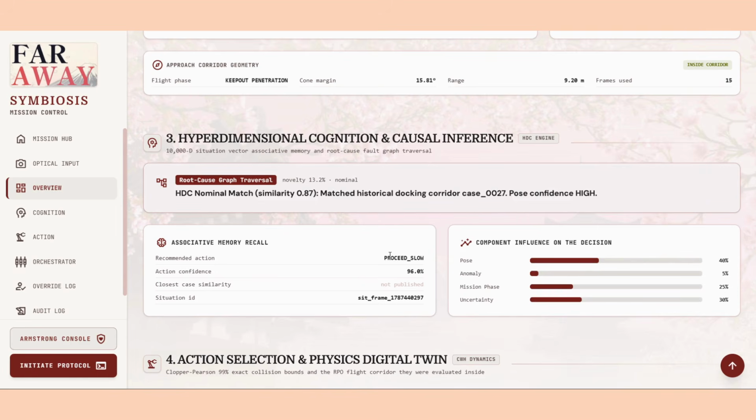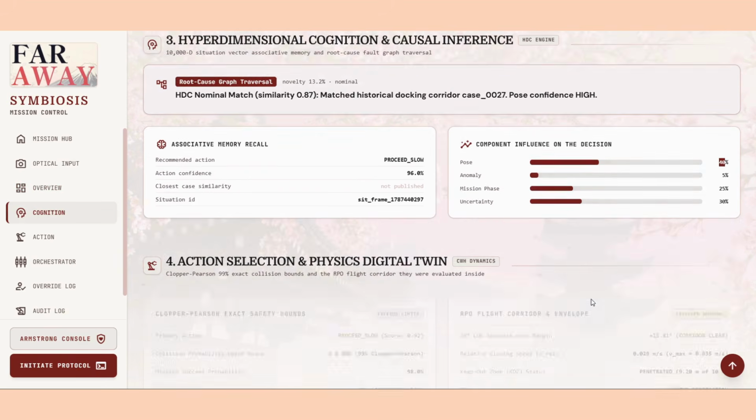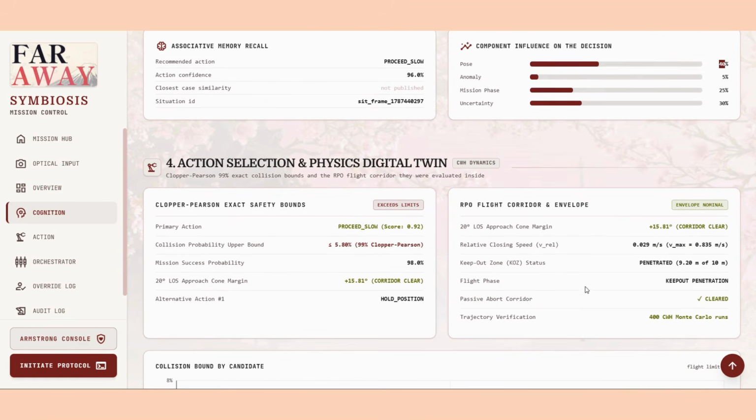This singular vector gives you an informed decision, which is the recommended action, to proceed slowly with this much confidence score. And this confidence score is from these four components, with pose being the highest and anomaly being the lowest.